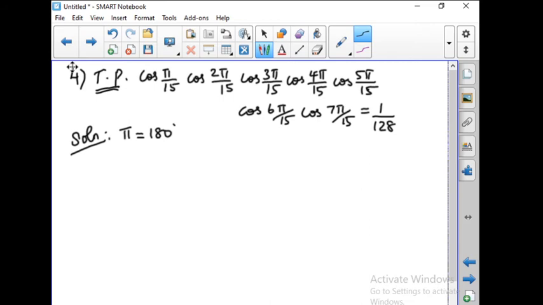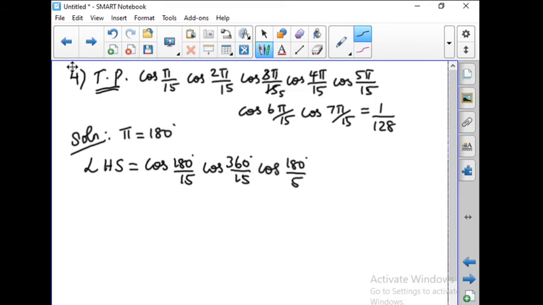So I am going to write LHS: cos 180 by 15, cos 360 by 15, and then here we can cancel this 5. So we can write it as cos 180 by 5, and then cos 180 into 4. 180 into 4 means it is 720, isn't it? 720 by 15. Next cos 180 into 5.